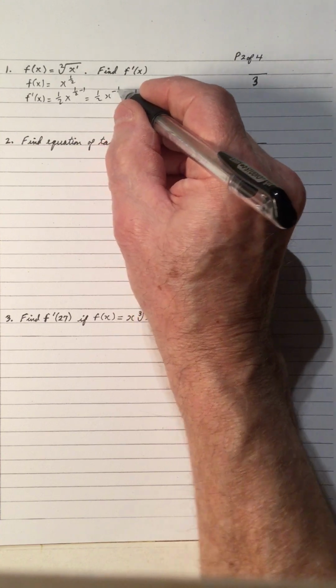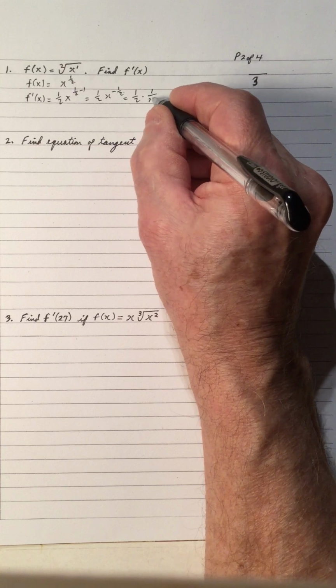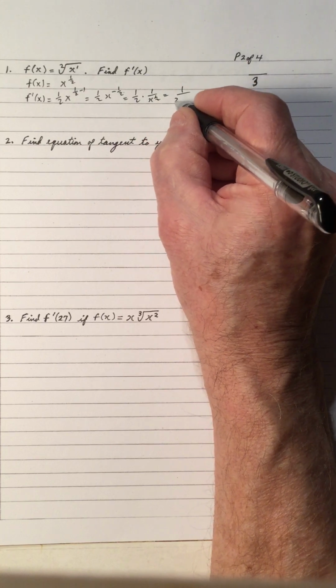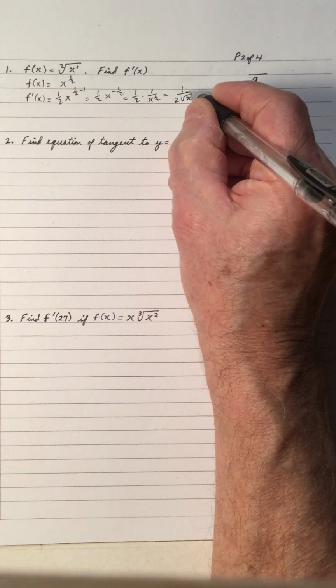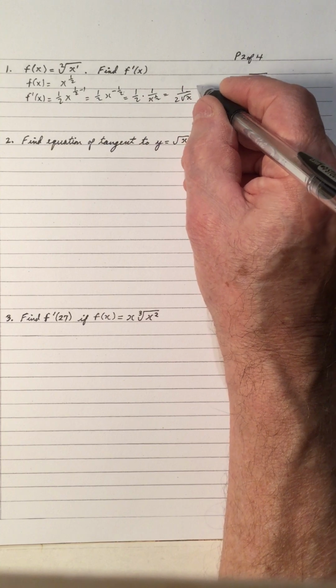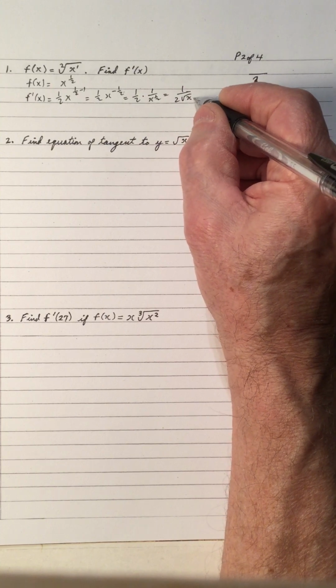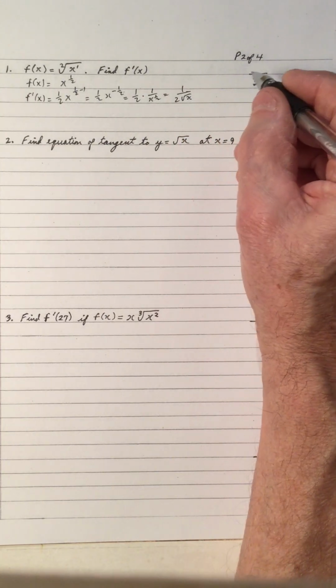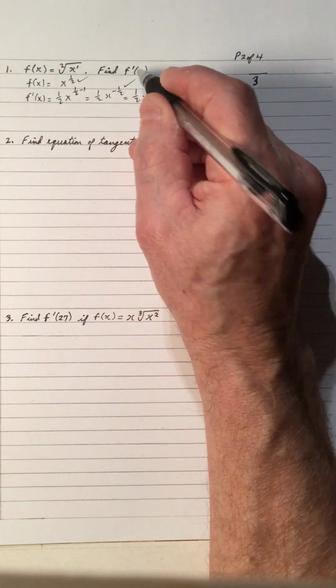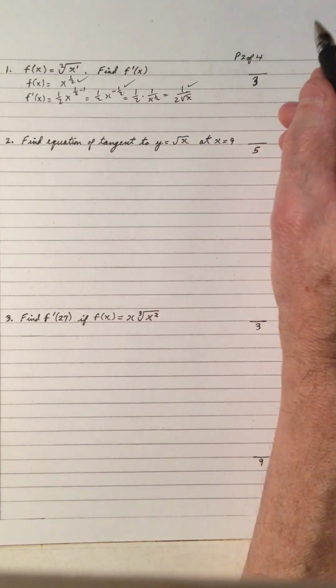And x to the negative half is 1 over x to the half, which is 1 over 2 root x. We can go on and simplify this further if we wish by multiplying the top and the bottom by root x and having no root in the bottom, but we'll leave it like that. 3 marks: 1 for changing it, 1 for getting x to the negative a half, and 1 for that answer.